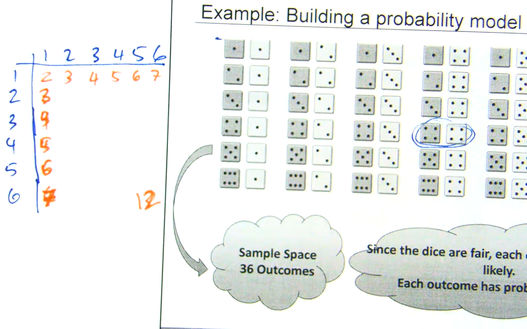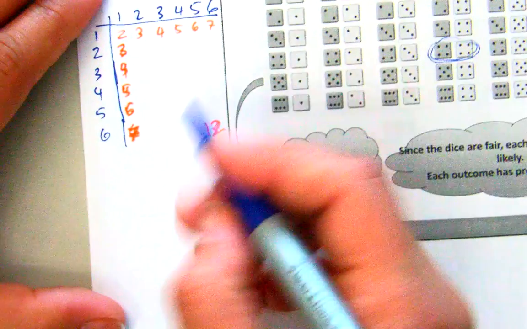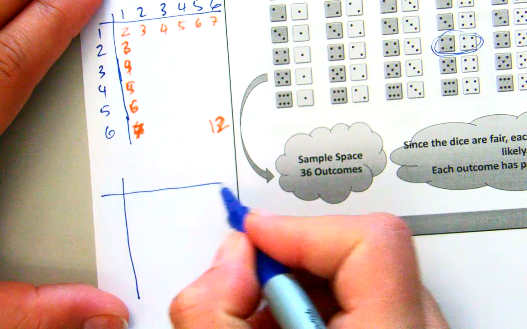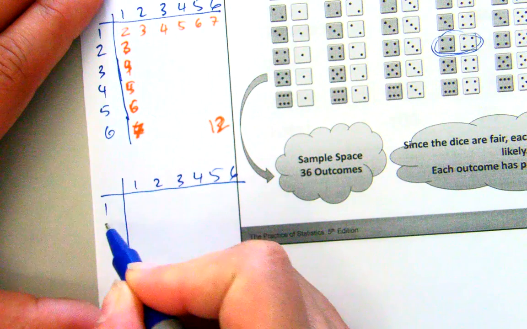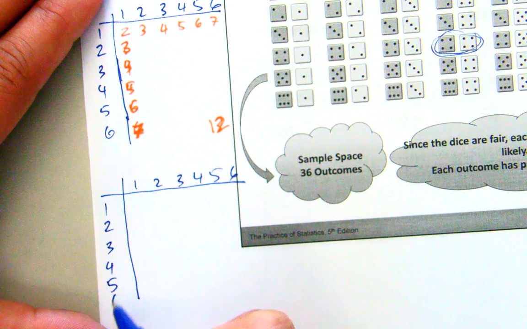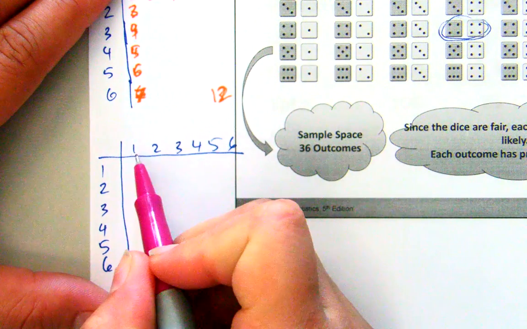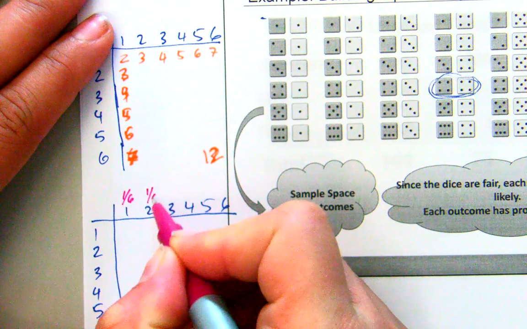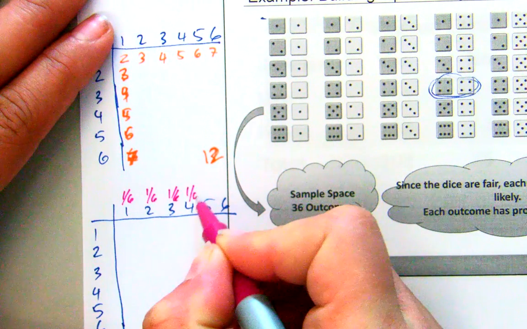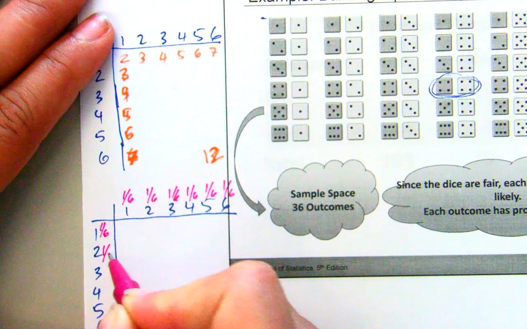Now, the other way to look at this: you still have 1, 2, 3, 4, 5, 6, but I'm going to put the probabilities. The probability of rolling a 1 on one die is 1 out of 6, and each one is equally likely. The same is true on the other side, 1 out of 6, 1 out of 6, and so on.